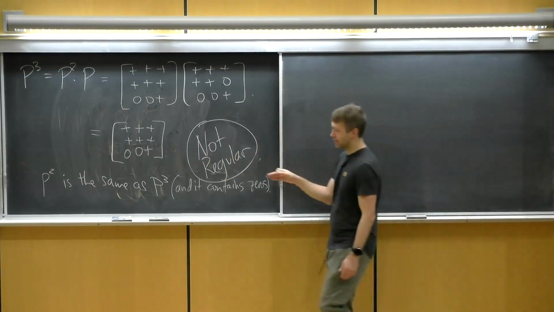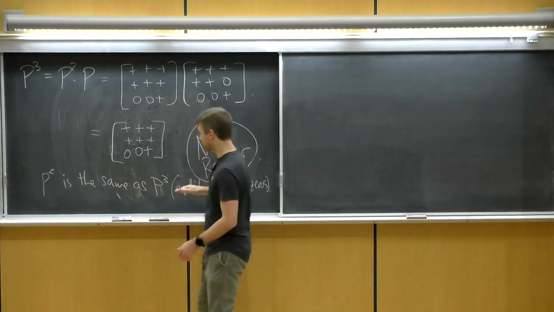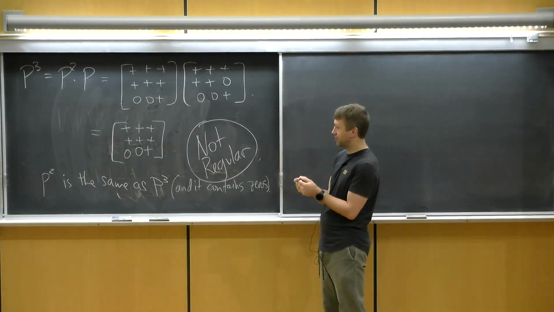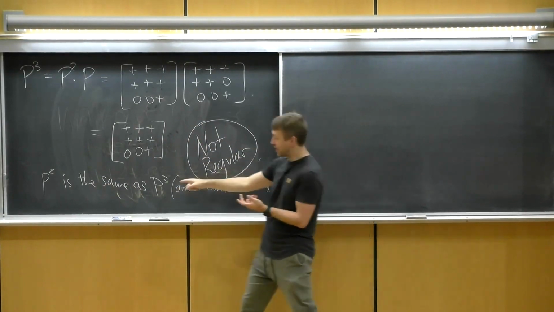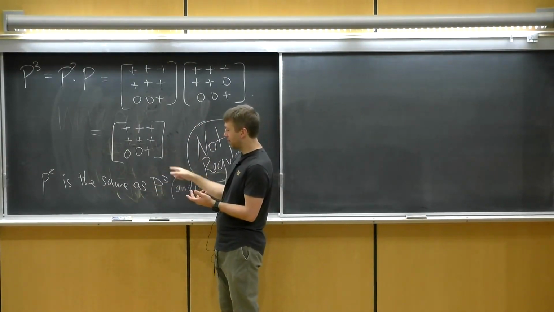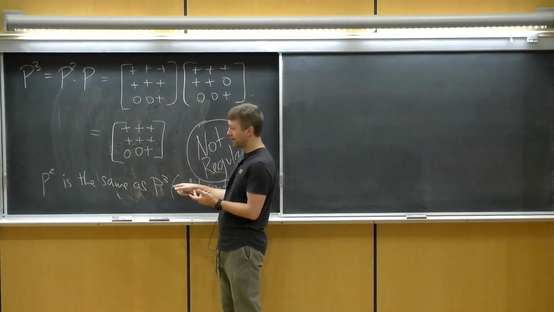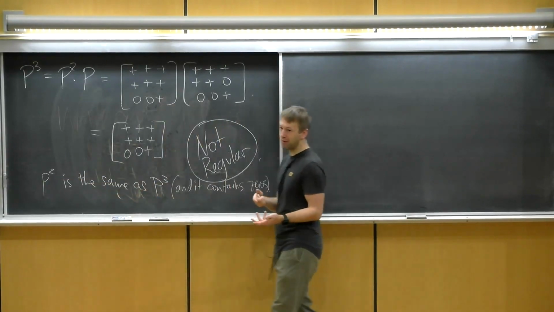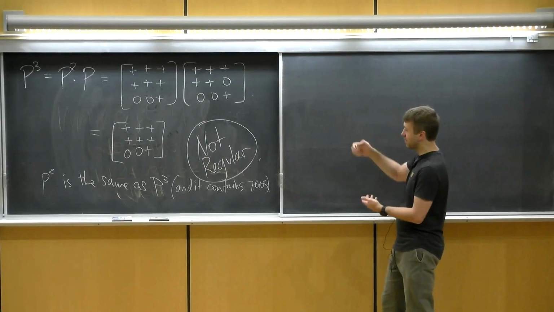But yeah, so P squared is the same as P cubed. Now, as was said there, that's the right idea. If I now take P to the 4, that's just the same thing as multiplying P cubed times P. But because P squared is the same as P cubed, it's the same as multiplying P squared by P.